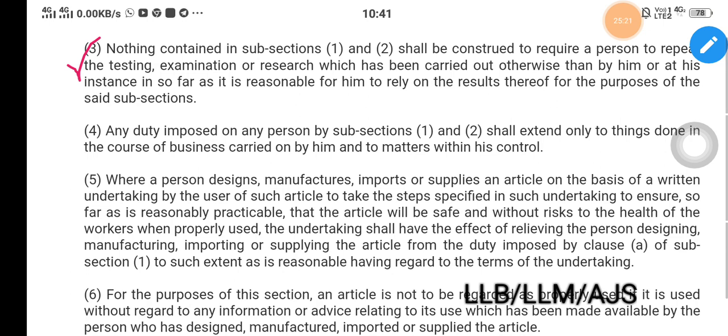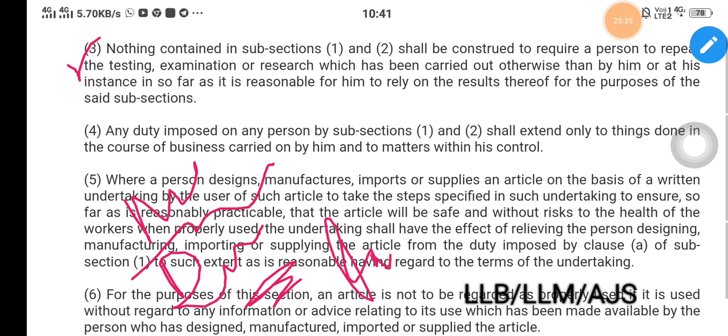So it is not necessary for manufacturers, designers, importers or suppliers to test, examine, or research again, if the previous research, examination, and testing is reasonable and ensures the safety of the workers.